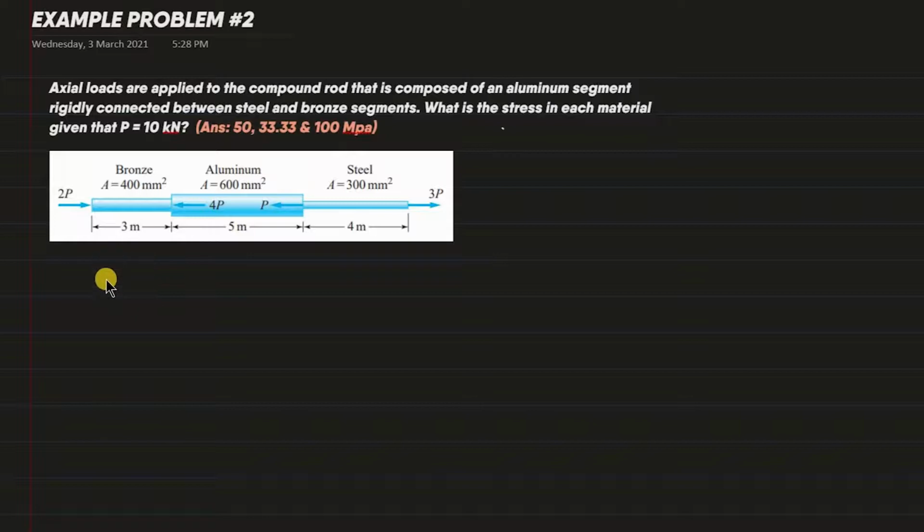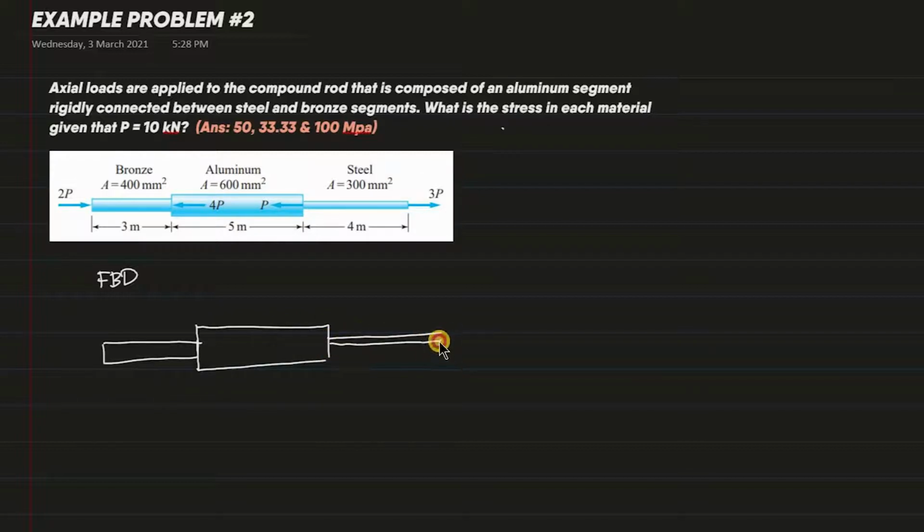So, let's draw the free body diagram. So, we have here the bronze. Then, we have a bigger one, which is aluminum. Then, we have a smaller one, which is a steel. Okay. So, ngayon, ilagay natin yung mga forces. This is 2P.